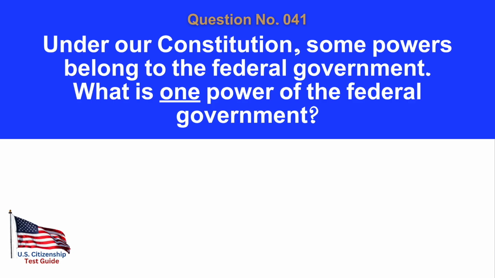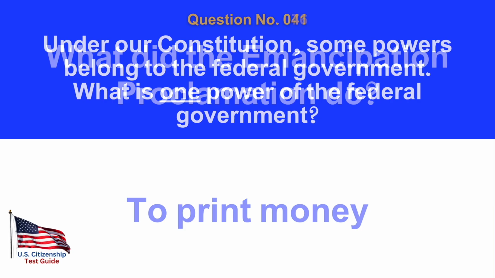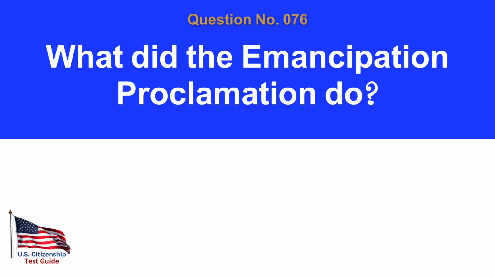Under our Constitution, some powers belong to the federal government. What is one power of the federal government? To print money. What did the Emancipation Proclamation do?